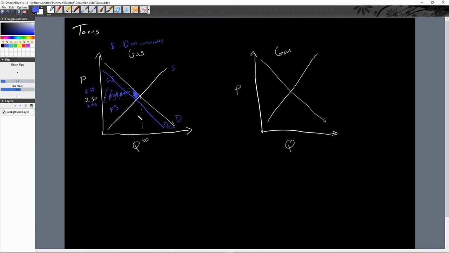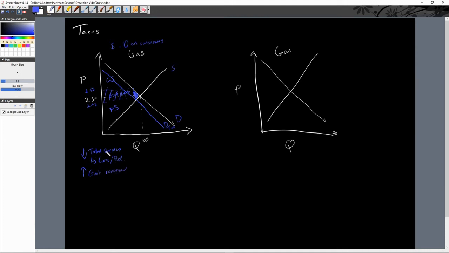Okay, so let's talk about the effects here. So we see a decrease in total surplus. We see not only a decrease in total surplus, but also a decrease for both consumers and producers. So nobody's getting out of this better. We do see an increase in government revenue. Okay.